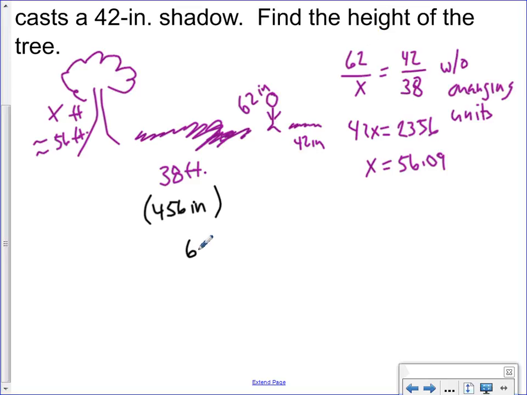So you have 62 over x is equal to 42 over 456.